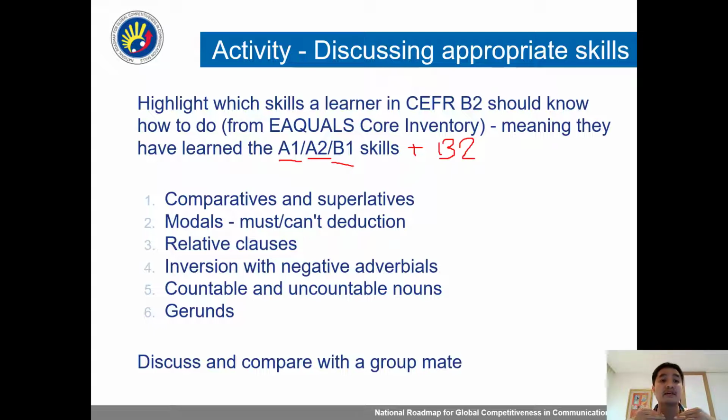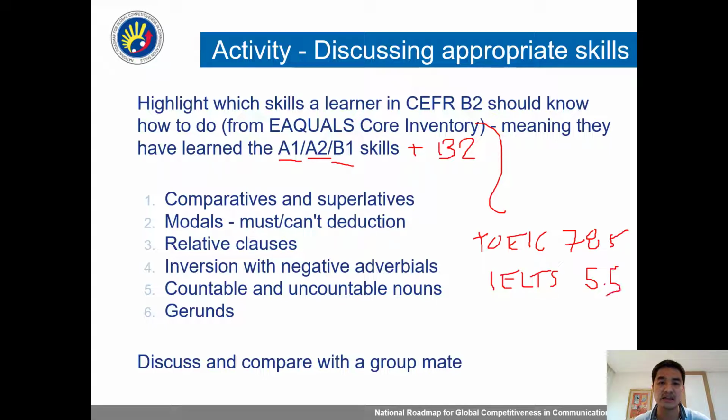So the activity is, and you're supposed to pause this for 30 seconds, which skills a learner in CEFR B2 should know how to do. If I'm in B2, this would be something like a TOEIC 785. This would also be an IELTS 5.5.